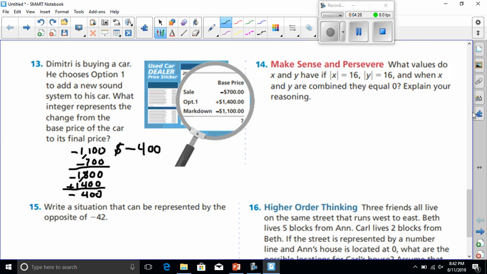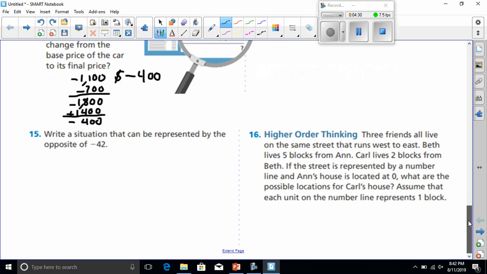All right, number 14 is yours, which means number 15 is mine. Write a situation that can be represented by the opposite of negative 42. The opposite of negative 42, of course, is positive 42. So all I have to do is name a situation that requires you to go 42 forward.